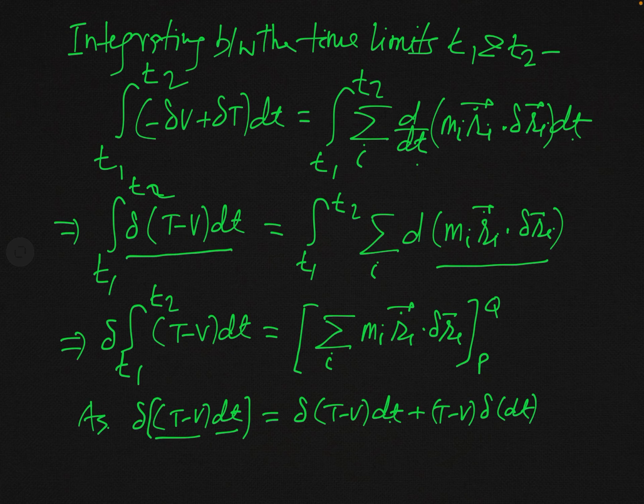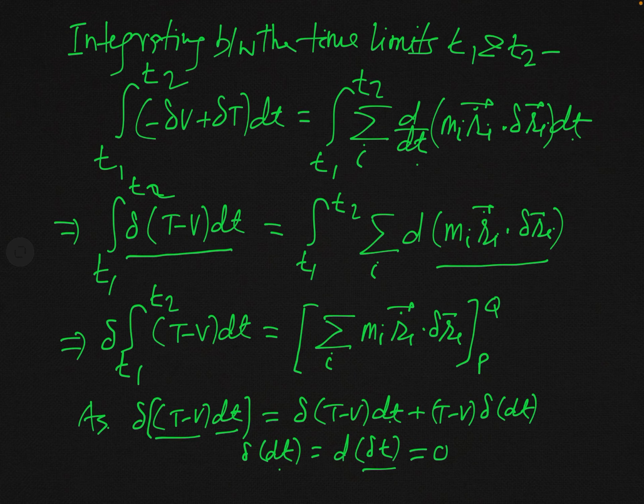But you know this delta of dt can be written as differential of delta t, because these two operators may be interchanged. But as you know that delta t remains 0 at the end points, so d of delta t will be equal to 0.